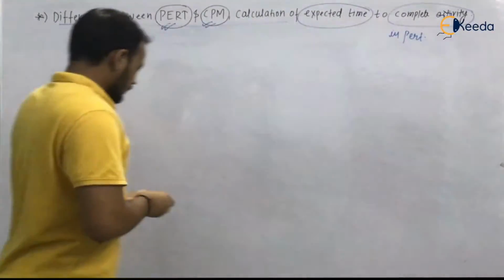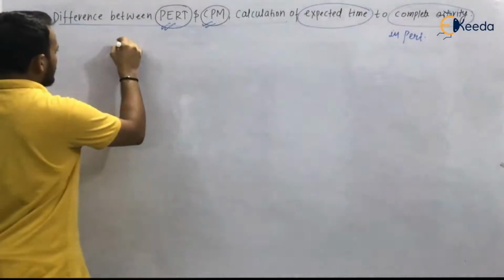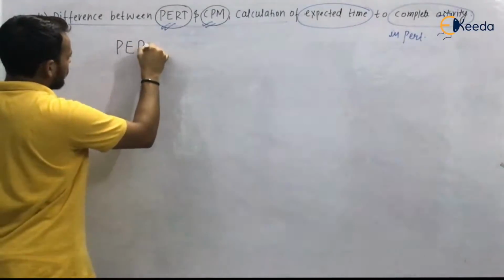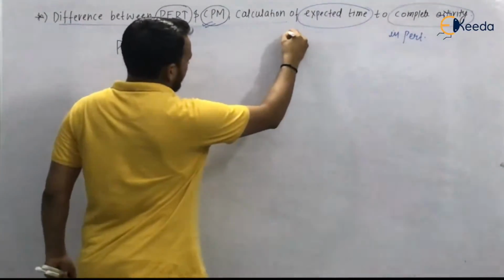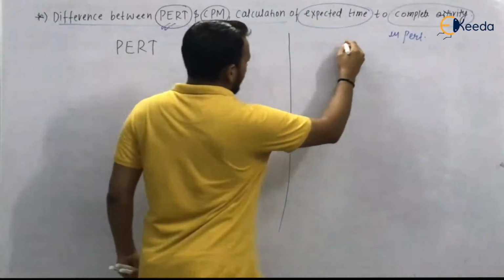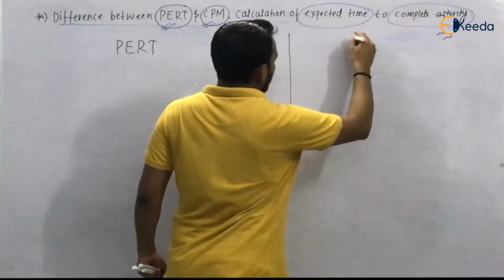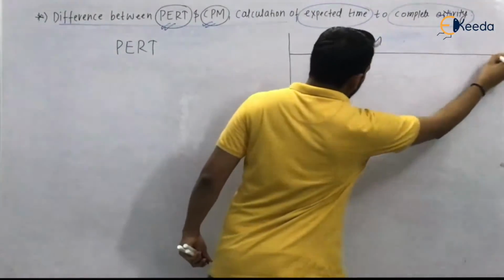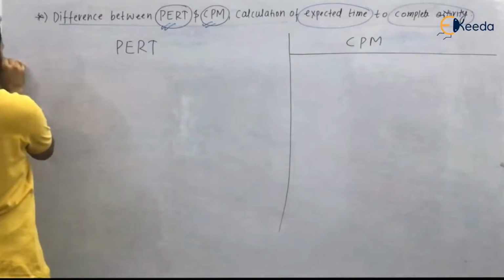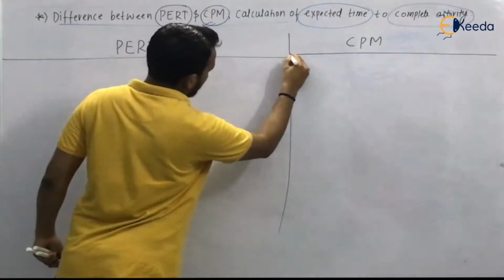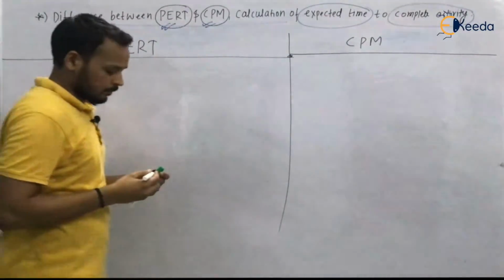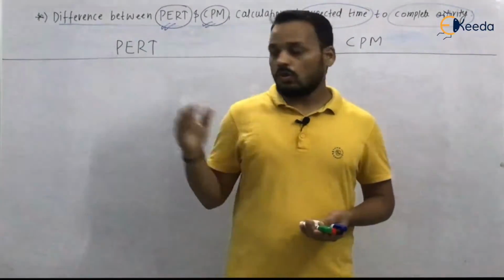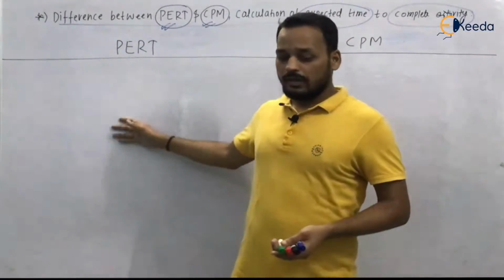On one side of the board I am writing PERT, and on the other side I am making a table of CPM. One side is PERT and the other side is CPM. So there are two terms, one is PERT and the second is CPM. One by one we will write some differences.